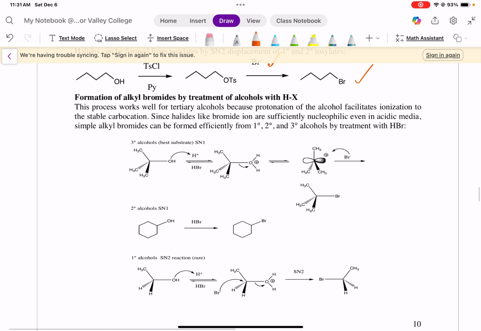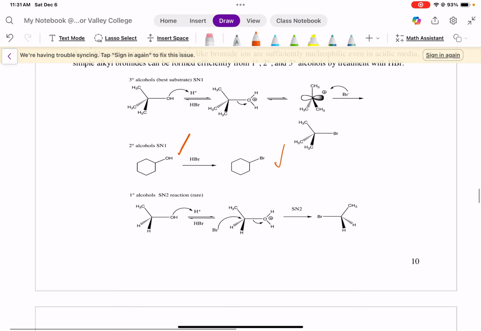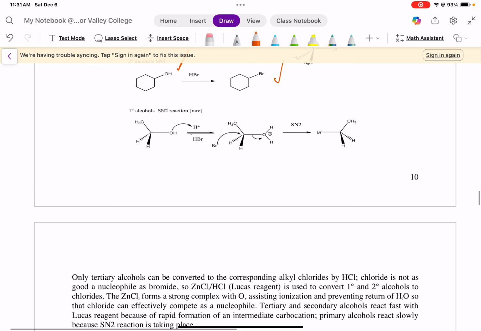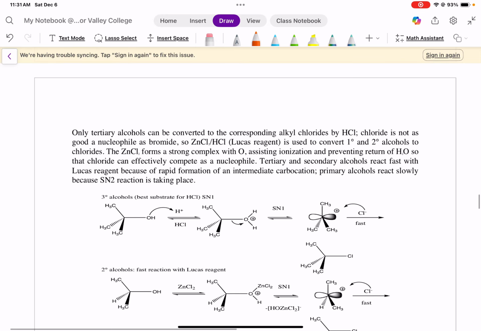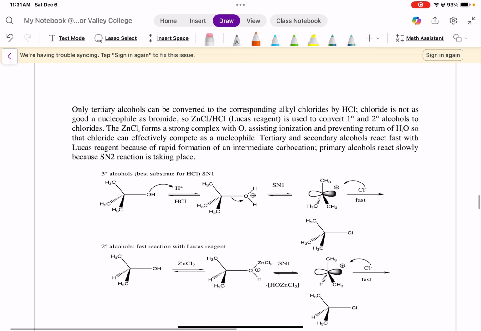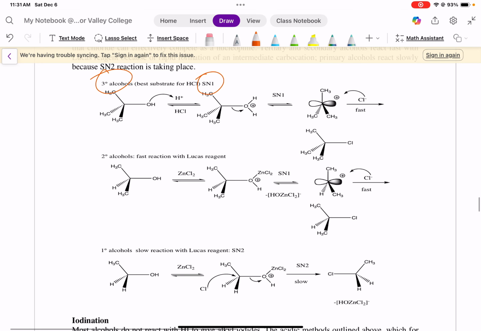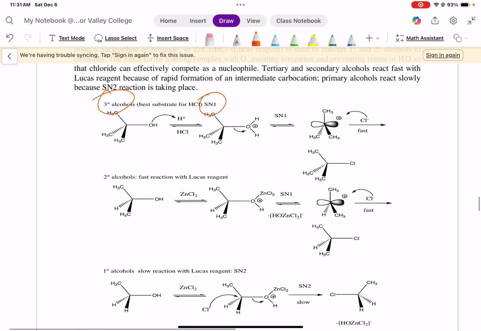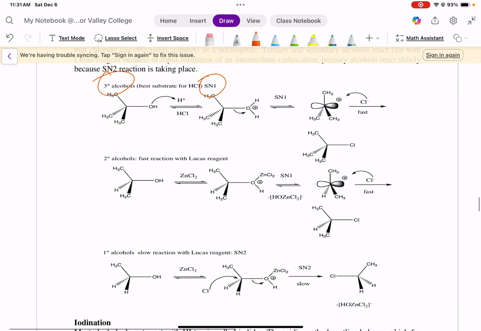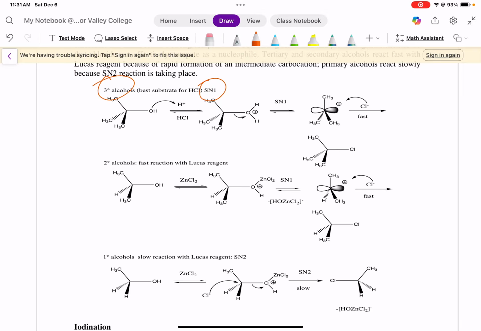A couple of examples for you to see. You can convert alcohol into alkyl halide, with either OTs or just acid, HBr, and mechanisms, very simple mechanisms, substitutions. For tertiary alcohol, obviously tertiary is SN1, and this is a good reaction to identify secondary alcohol.